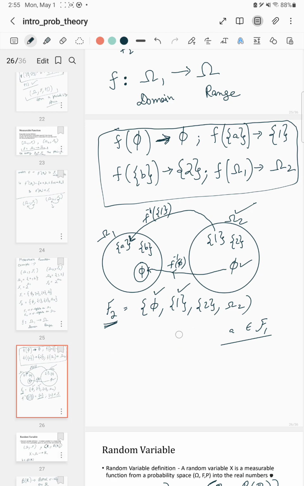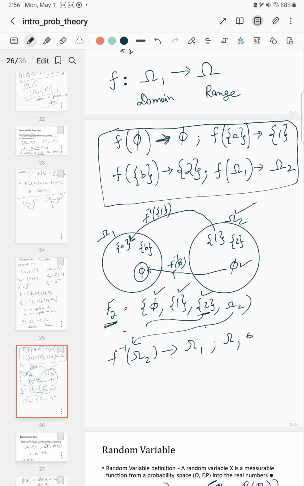Similarly, let's see if this satisfies the condition or not. You can easily see that this is the set B, and the set B is also present in the sigma algebra F1. Hence this also satisfies the condition. And omega 2, if we take a pre-image of omega 2, which will give us the set omega 1, and omega 1 is also present in F1.